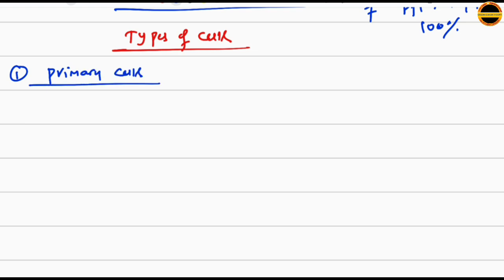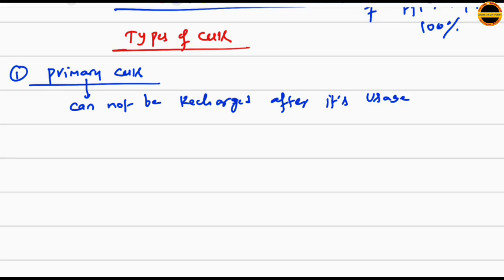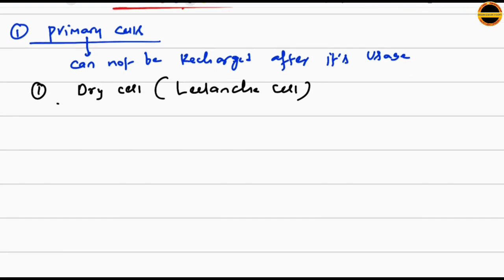Primary cells cannot be recharged after their usage. Because they cannot be recharged after usage, they are referred to as primary cells, since they are non-rechargeable batteries. Example, the dry cell, also referred to as the Leclanche cell.